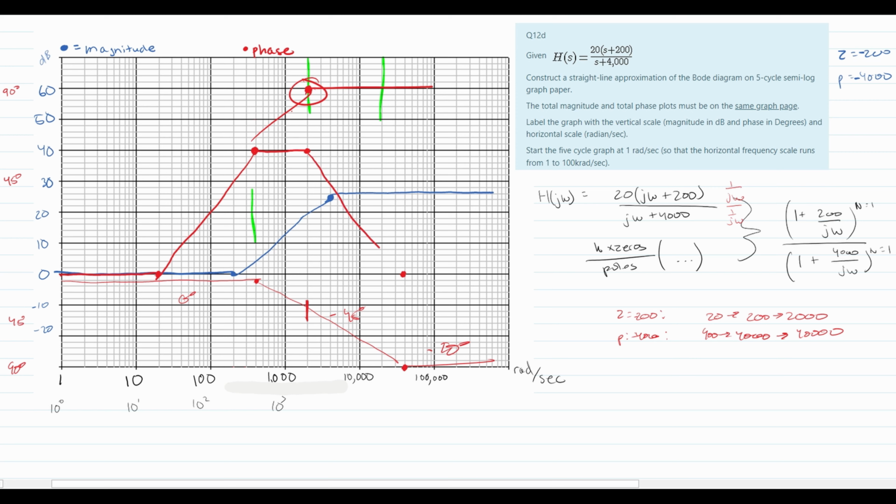So it's going to come down like this, and then afterward it's just going to continue on. And so now we can clean up our Bode plot by just erasing all of this extra stuff that we used to find the magnitude, and it's going to look just like that. And remember, this kind of tops out around 60 degrees. And that is how you'd go about looking at the magnitude and phase for this kind of problem.